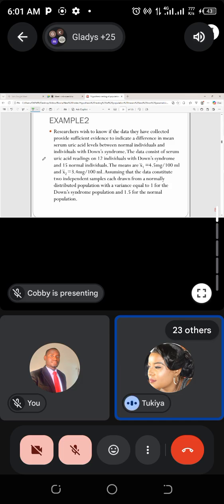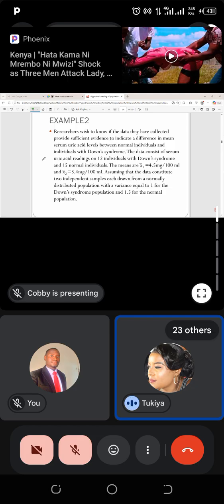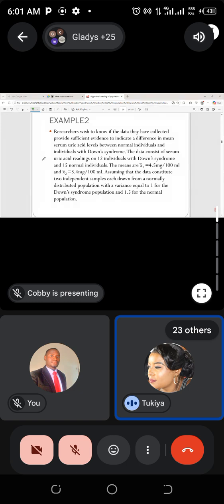The means are x bar 1 equal to 4.5 milligrams per 100 ml, and x bar 2 equal to 3.4 milligrams per 100 ml. Assuming that the data constitute two independent samples, each drawn from a normally distributed population with a variance equal to 1 for the Down syndrome population and 1.5 for the normal population.